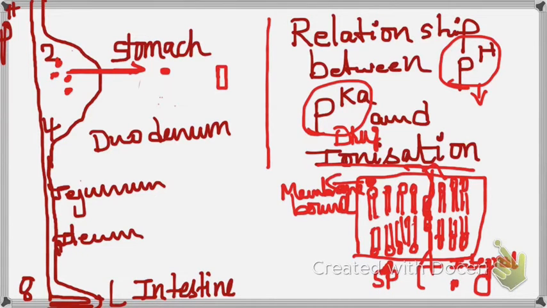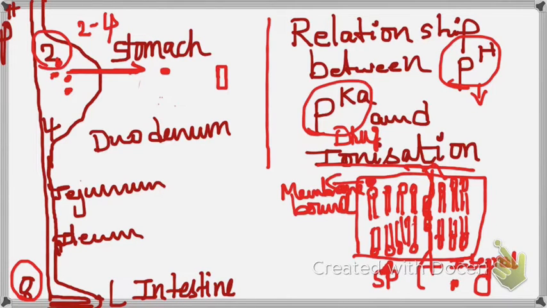This is the pH at various places of the GIT. As we move down through the GIT, pH increases. You can see the pH is almost 8 in the large intestine, while it is nearly 2 to 4 in the stomach. So how does this pH affect the absorption?